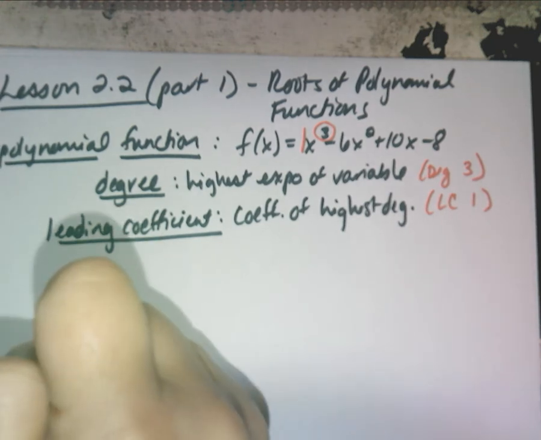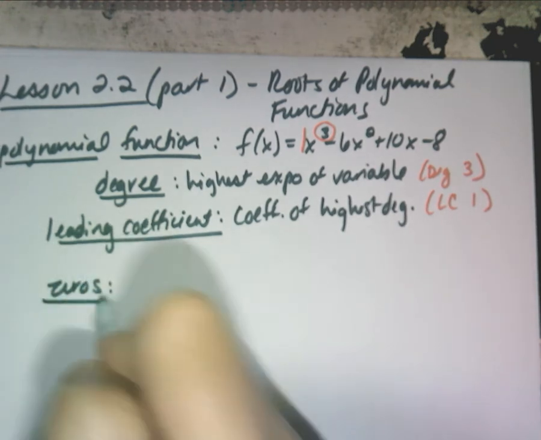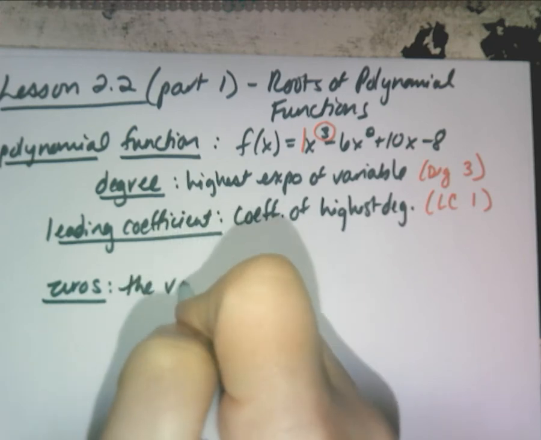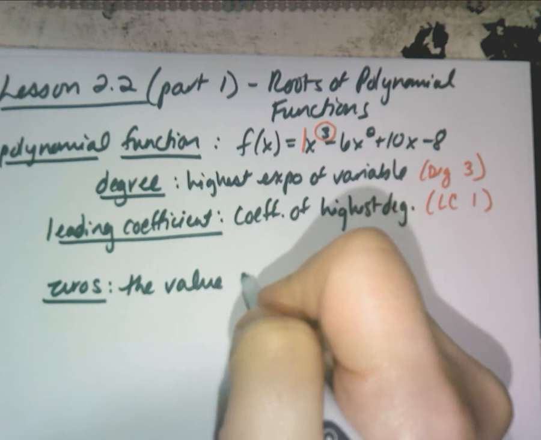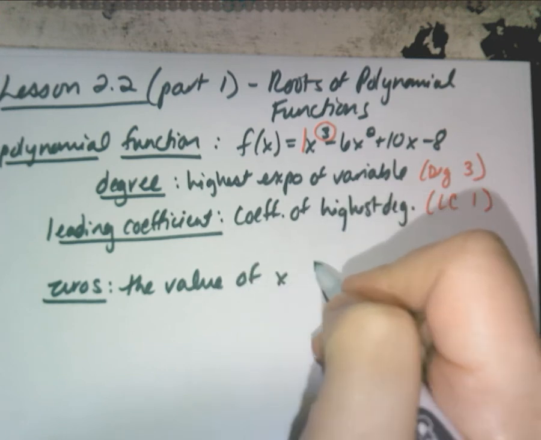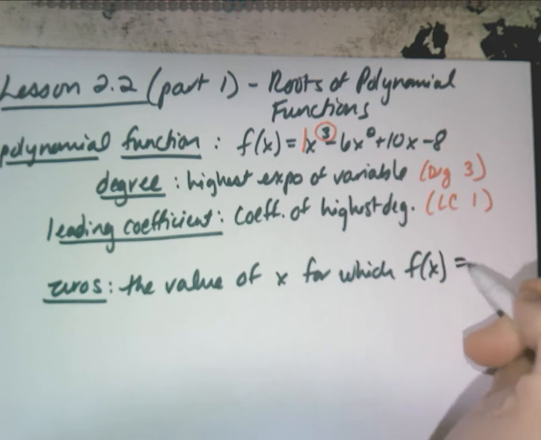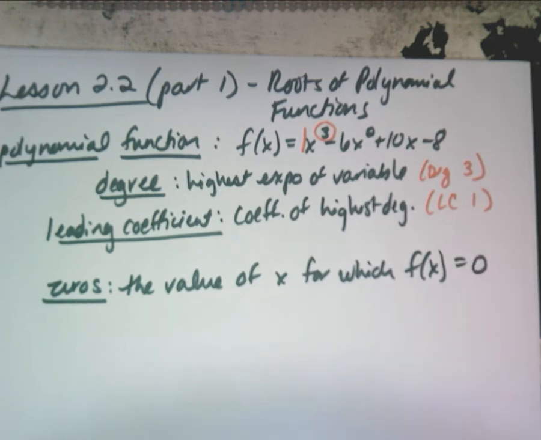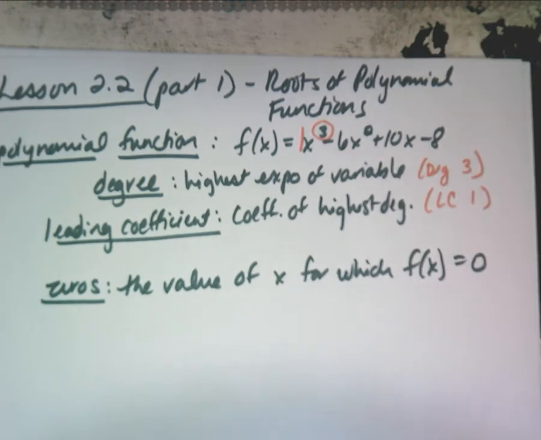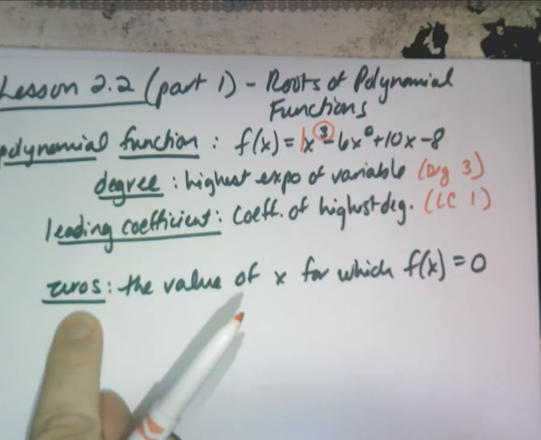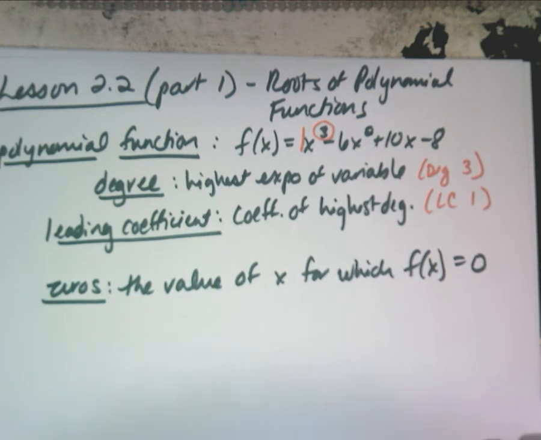All right, so now let's talk about zeros, which we've talked about before. Zeros are the value of x for which f of x equals 0. That's what a zero is called.